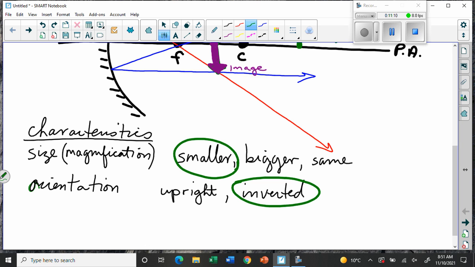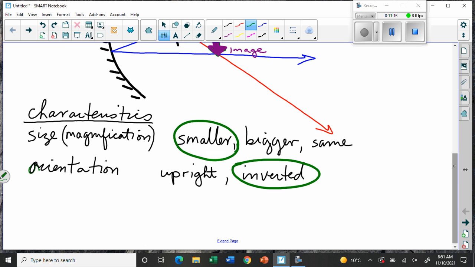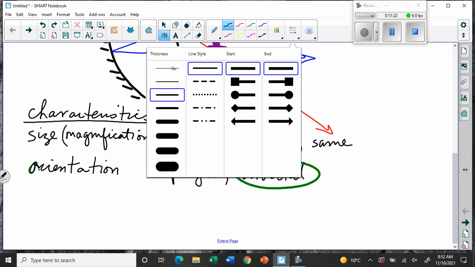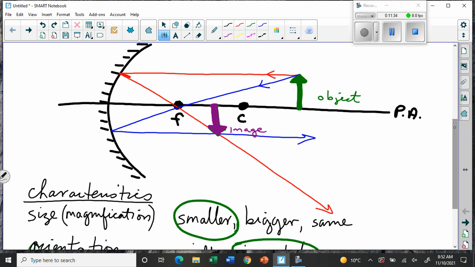Now, the other characteristic that we like to look at is its position. Where is the image found? Now, there are several options. What we do is we divide up the places where things can be depending on the focus and the center of curvature.